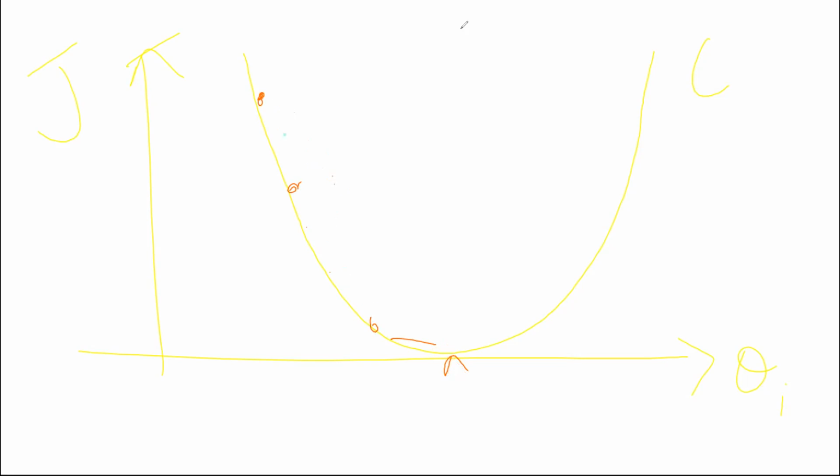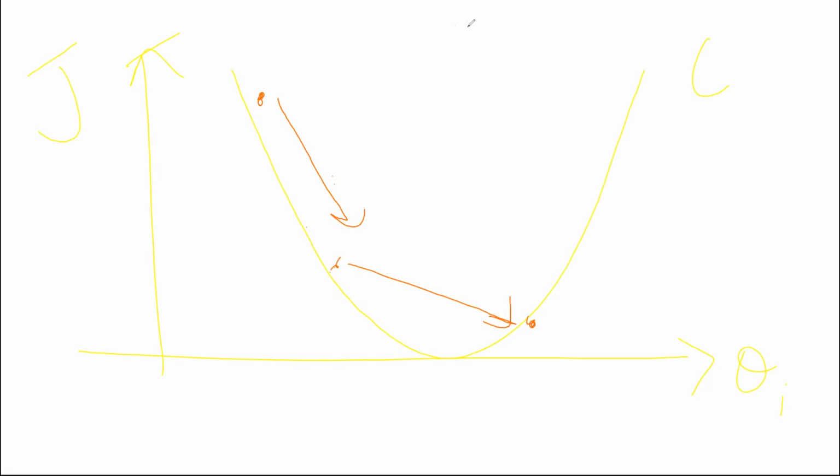Now assume we started with this point. You thought that by taking the largest step you can reach your minimum value early. So let's take the largest step. We reached here, now you are here, you missed it, you are here again.